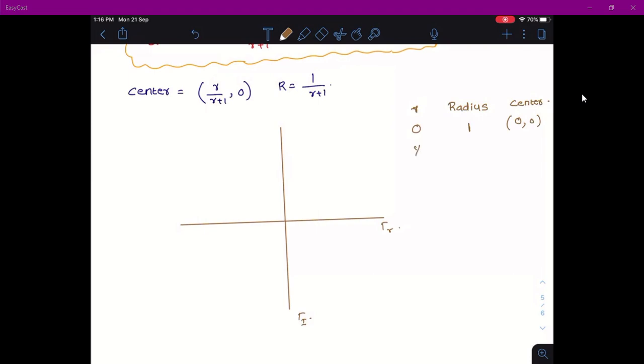When r is equal to 1 by 2, the radius is 2 by 3 and the center is 1 by 3 comma 0. When r is equal to 1, the radius is 1 by 2 and the center is 1 by 2 comma 0. When r equal to 2, the radius is 1 by 3 and the center is 2 by 3 comma 0. When r is equal to 5, the radius is 1 by 6 and the center is 5 by 6 comma 0. When r equal to infinity, the radius is 0 and the center is 1 comma 0.